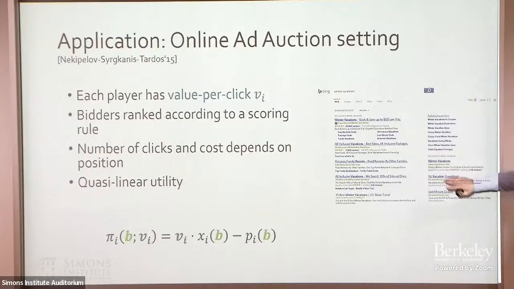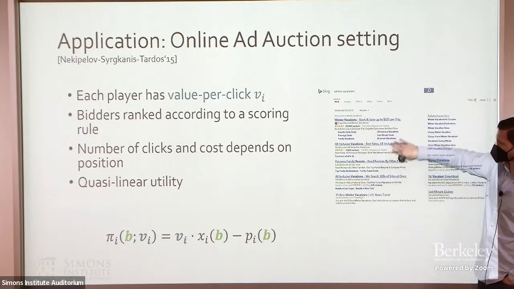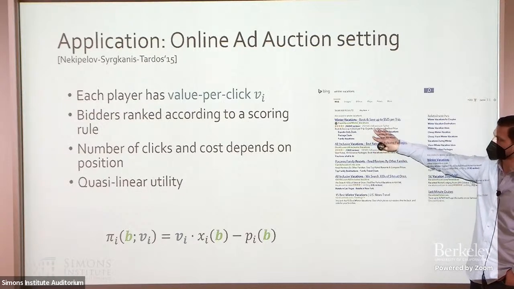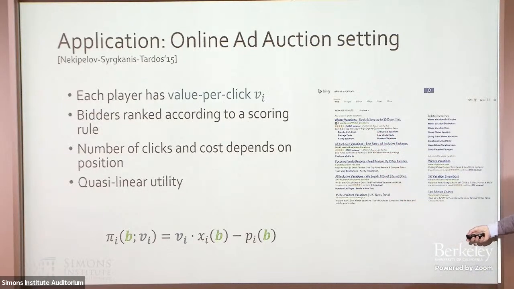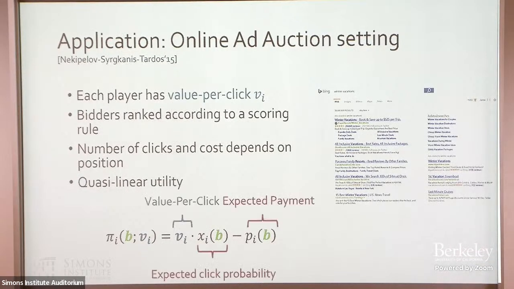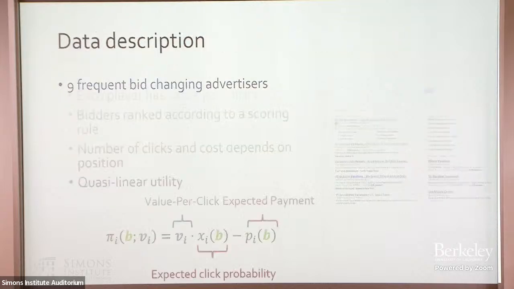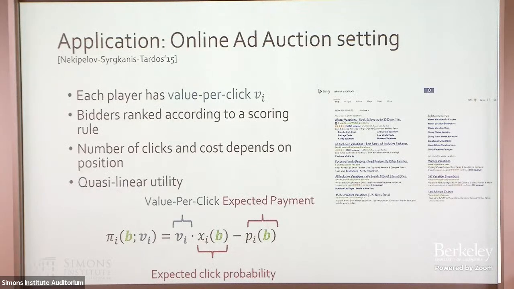When we are looking particularly at auction settings, say sponsored search auctions, where players have some value per click and the utilities have this quasi-linear form, where this is your value for a click, this is your allocation probability, and this is your payment, then these identified sets are also going to take nicer forms, because you're trying to identify the rationalizable set for this value v_i, and you have this particular quasi-linear utility.